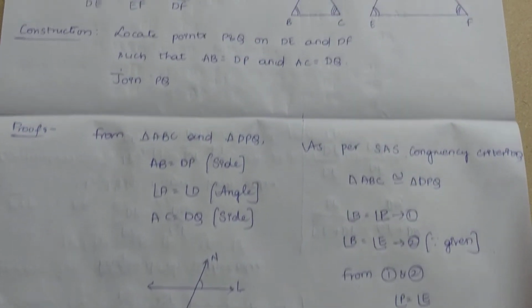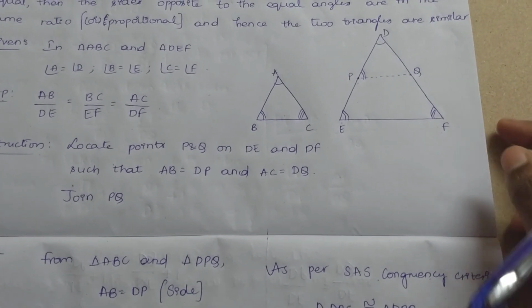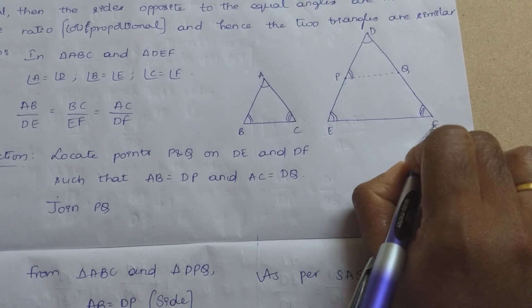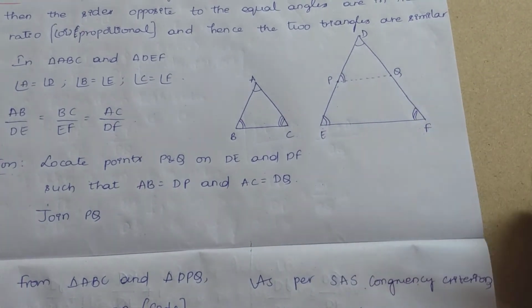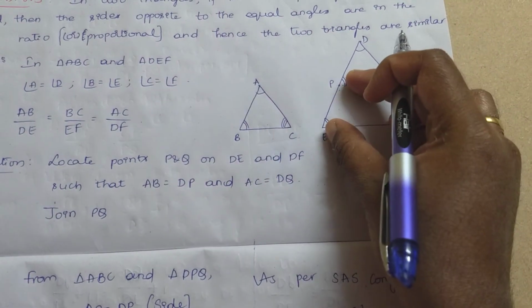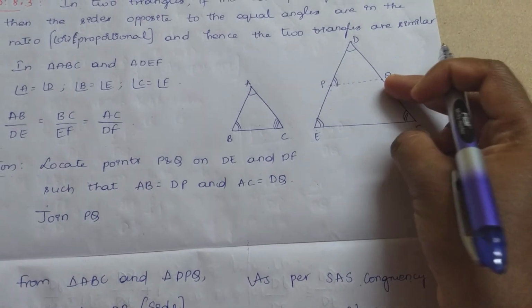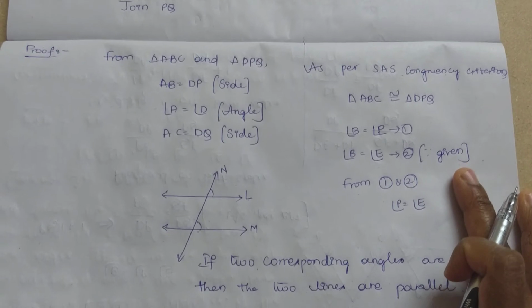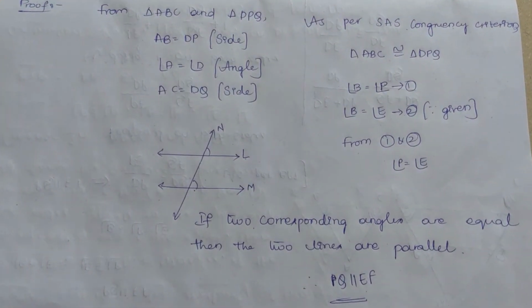In the same way, let's apply this concept in triangle DEF. Considering PQ as one straight line, EF as another, and DE as a transversal, if the corresponding angles are equal, then the lines are parallel. So it implies that PQ is parallel to EF.